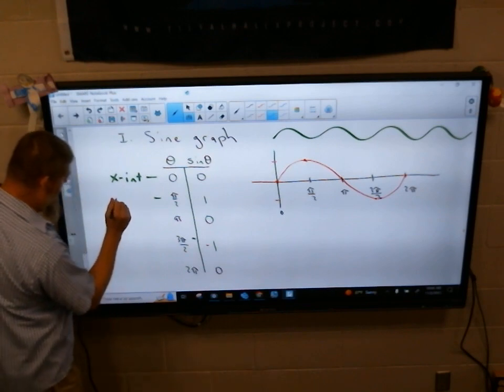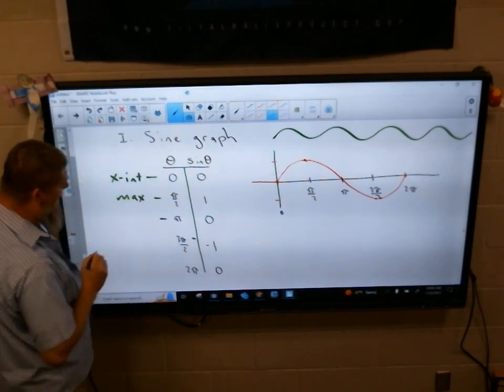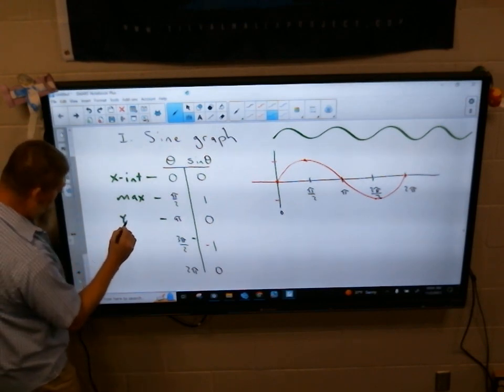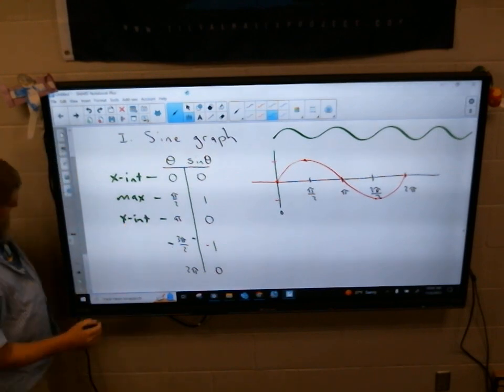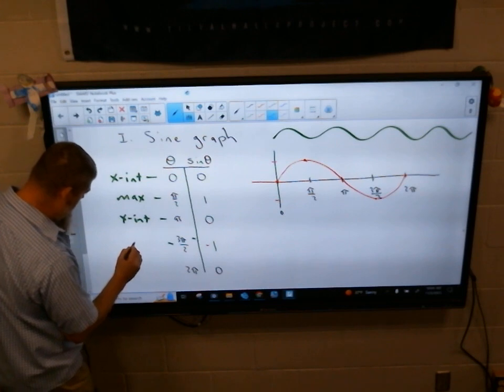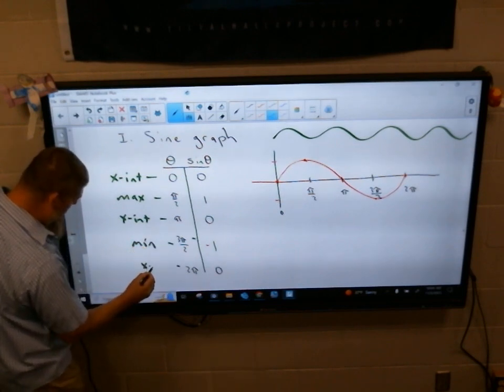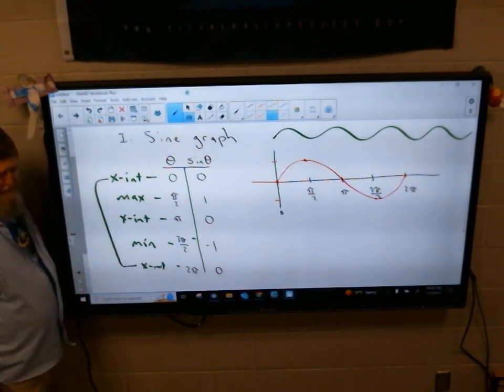Maximum. What would pi be? Another x-intercept. What would this point here be? Minimum. Everyone knew that one. And then x-intercept, another x-intercept. And it's actually returning right back to itself.